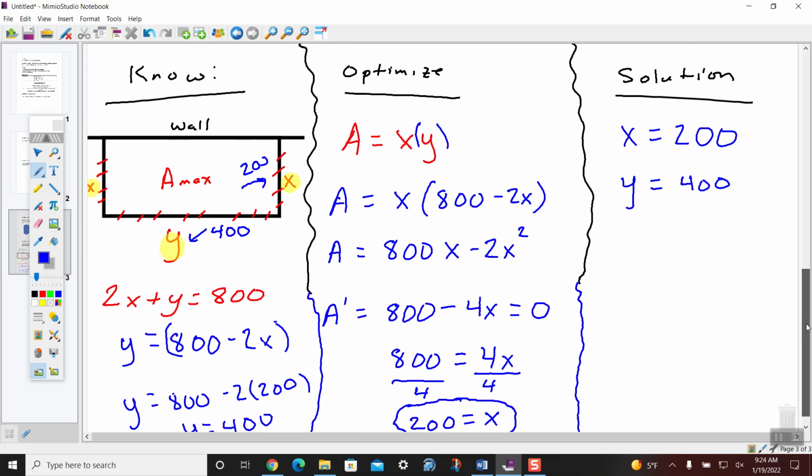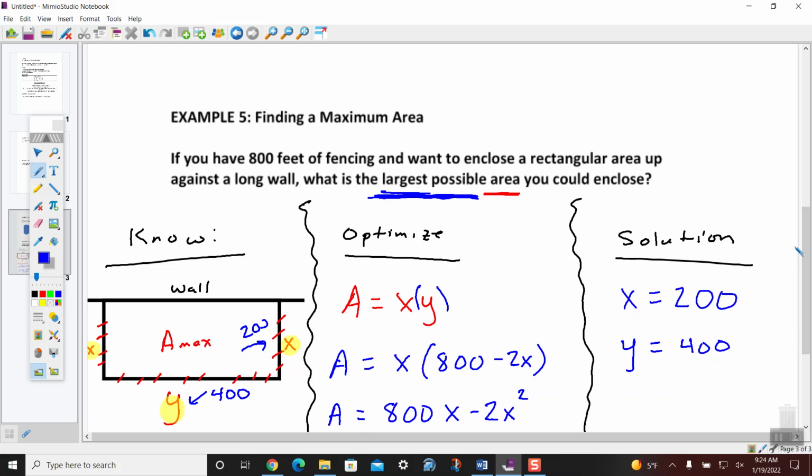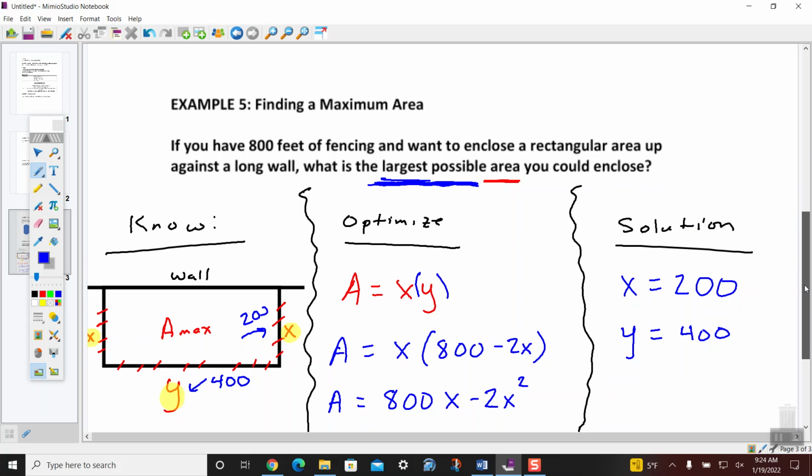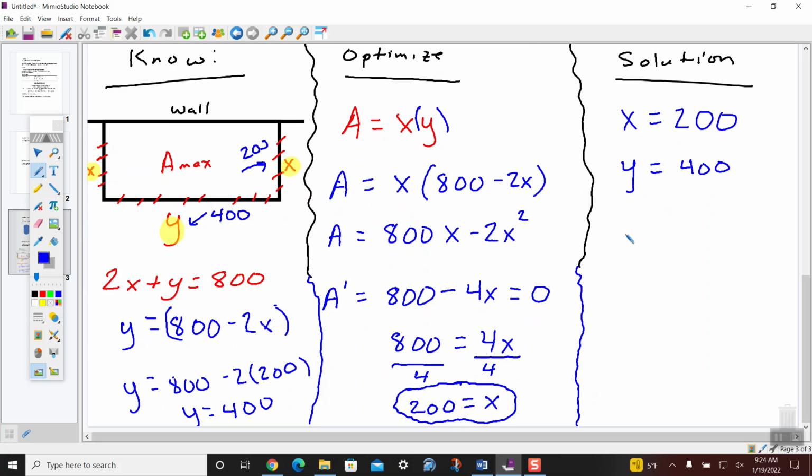But reread the question up top here, kids. They want to know, what is that area? Well, I've got X is 200, Y is 400, but does that tell me what the largest possible area is? No, but would that be useful in helping us find the largest area? So what are you going to do with 200 and 400 to find that largest area? Multiply.